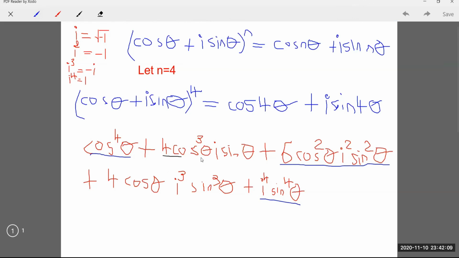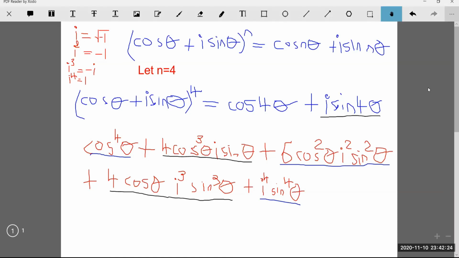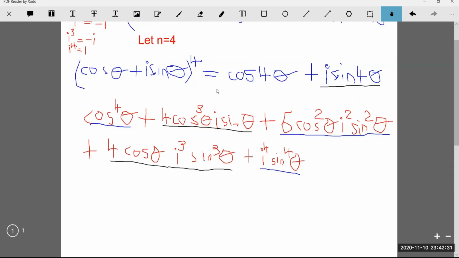This 4 cos cube I sine theta plus 4 cos I cube sine cube theta. That's 1, 2. We're going to equate that to I sine 4 theta. All right? So that's what we're getting. We're just equating the imaginary side to get what is sine 4 theta.